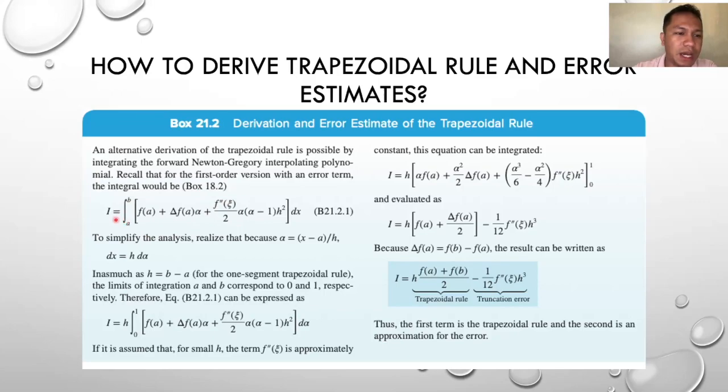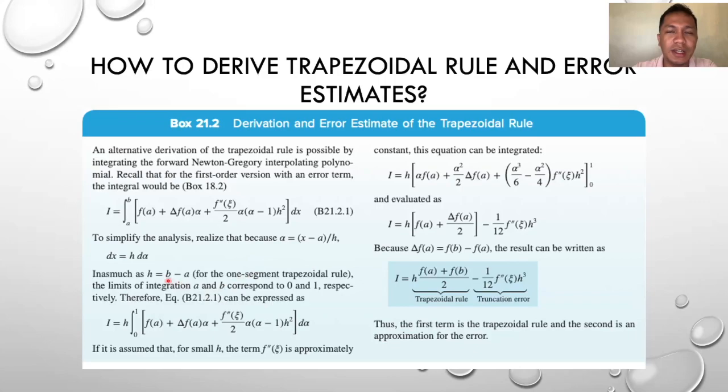So this becomes I is equal to the integral of fa plus delta fa alpha plus f double prime xi over 2 alpha quantity alpha minus 1 h squared, bracket dx from a to b. To simplify the analysis, realize that because alpha is equal to x minus a over h, dx is equal to h d alpha.